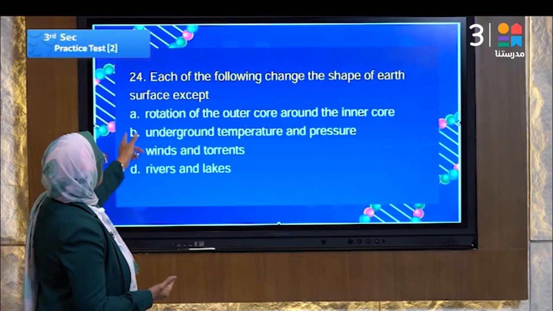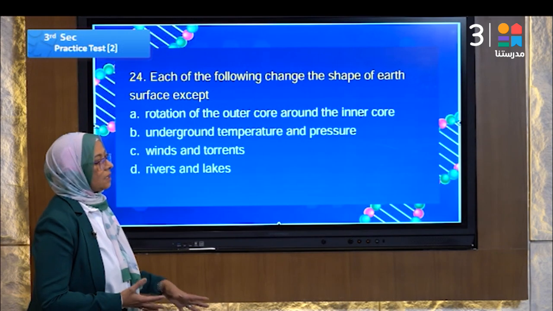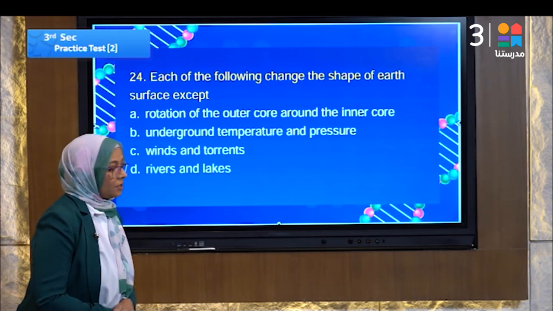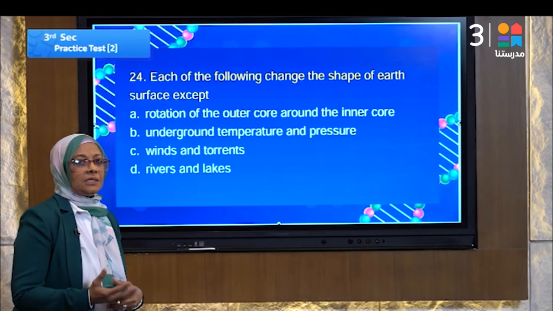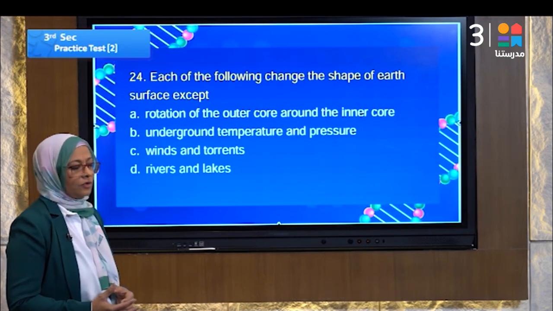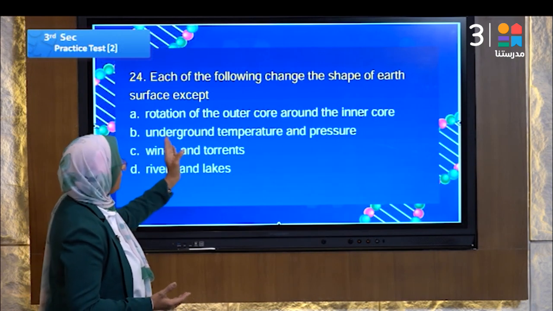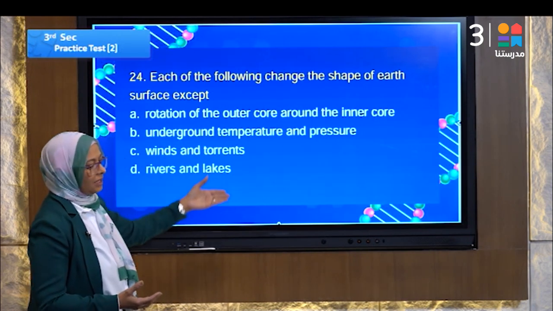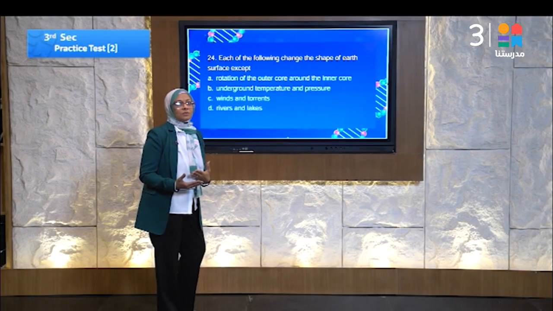Number A, rotation of the outer core around the inner core. Inside the Earth there is rotation and many movements. B, underground temperature and pressure. There are differences in temperature and pressure underground.